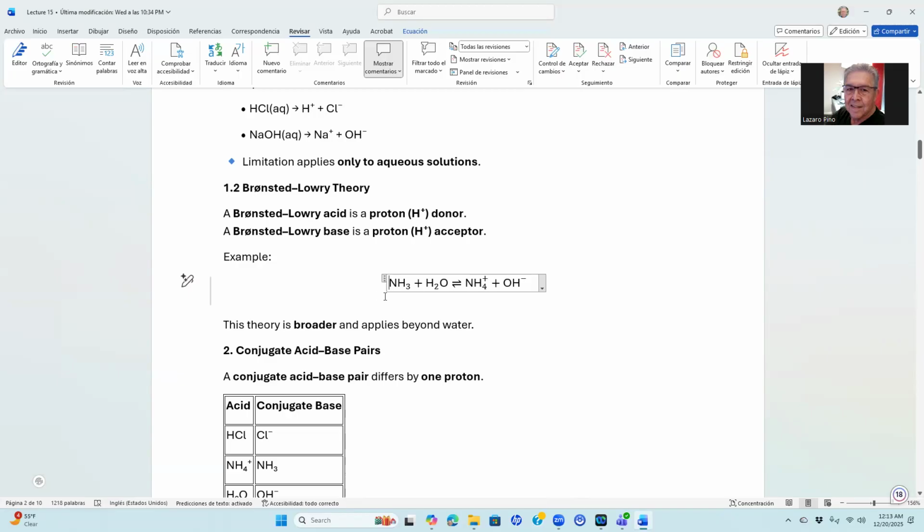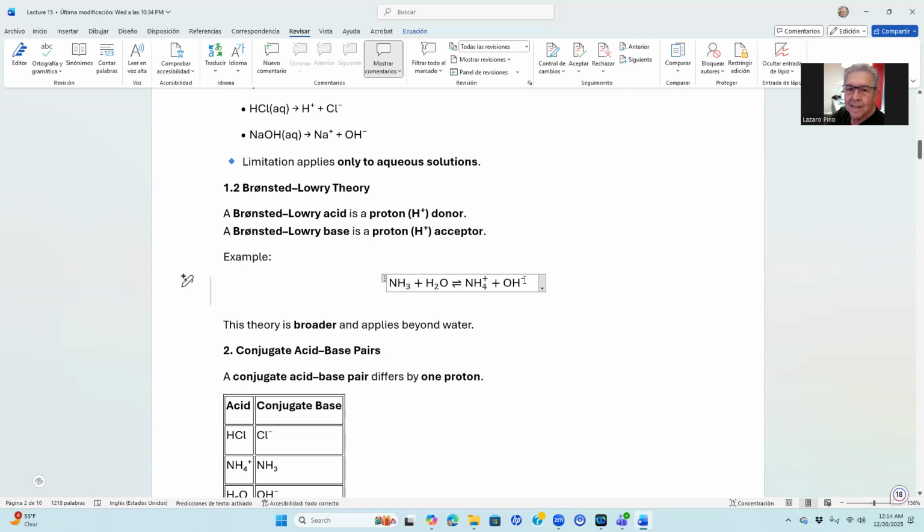In this case, the ammonia accepts one proton from water. So water is a donor of protons, so it's considered an acid, while ammonia is accepting a proton and is the base.